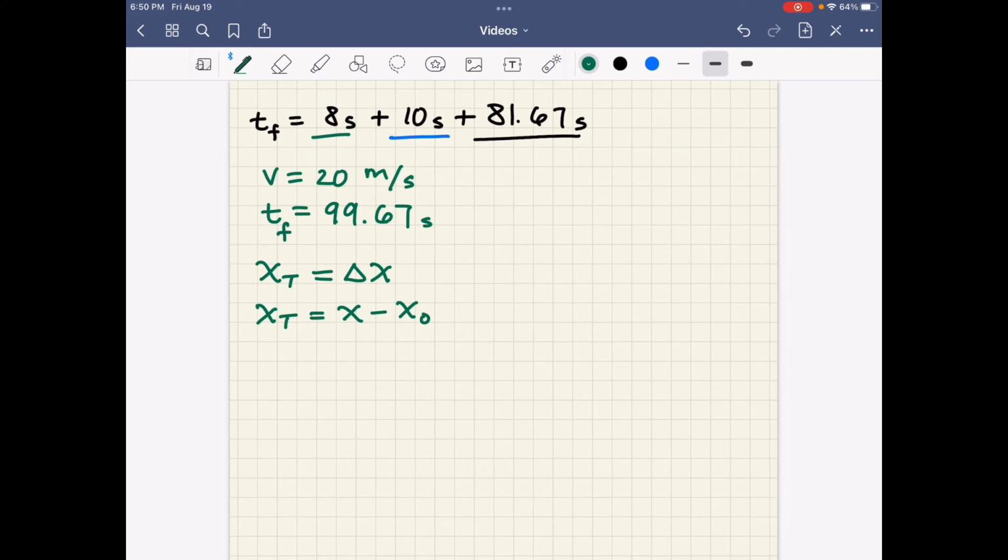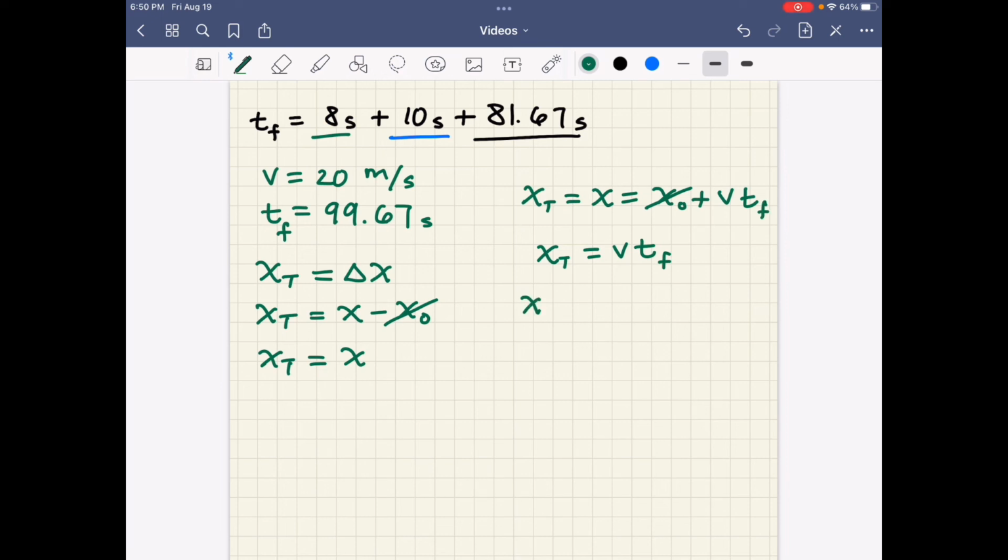And we know that x naught is 0. So therefore, xt is simply equal to x. So then xt, which is equal to x, is equal to x naught plus vt. This cancels. So xt equals velocity multiplied by time. In this case, it is the total time, time final, okay?